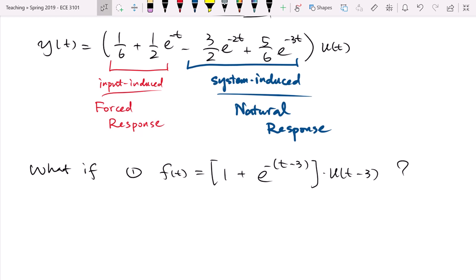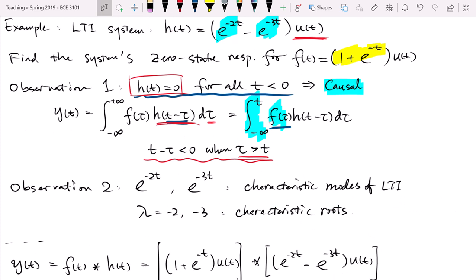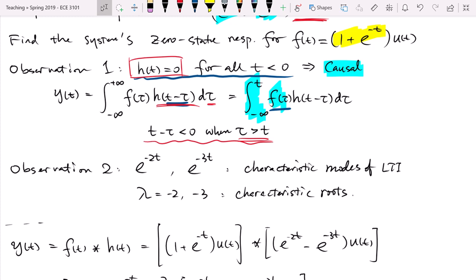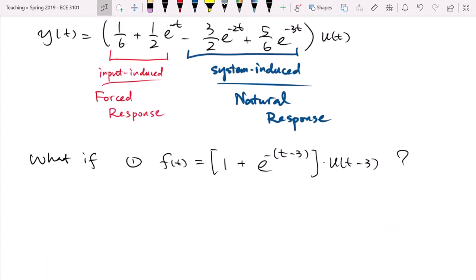What if the input is changed to this? If you compare f of t here to what we have above, you should see a time shift in the input. For every t in this equation, I replace t with t minus 3. So I delay the input by 3 time units.